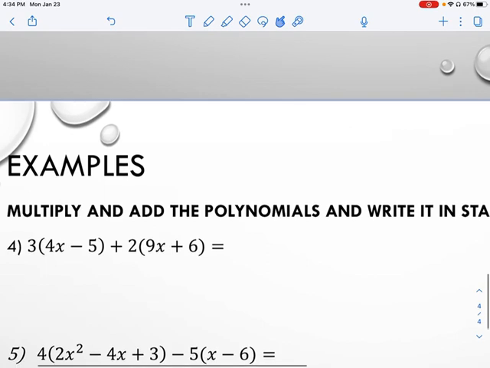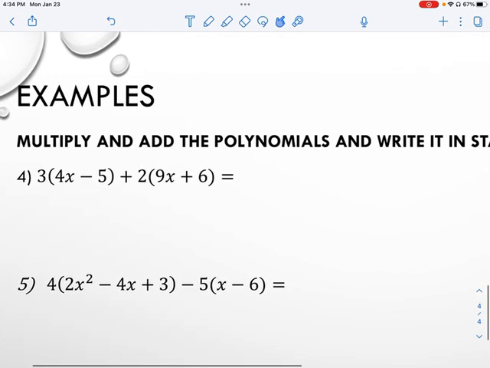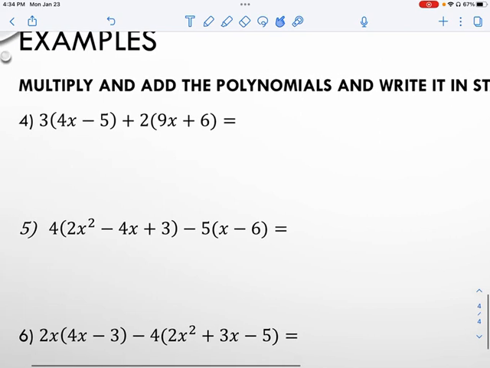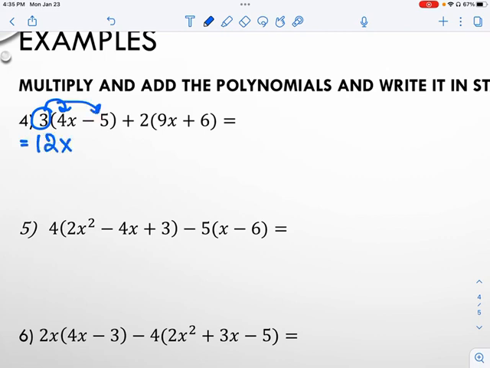Okay. Now we can also put this together with what we did yesterday with adding and subtracting. This time we're going to multiply and add the polynomials. Remember, we're going to combine any like terms and then make sure we write it in standard form. The first thing we do is our distributing. I take the 3 multiplied to the 4x, which gets me 12x. 3 times the negative 5 gives me negative 15.